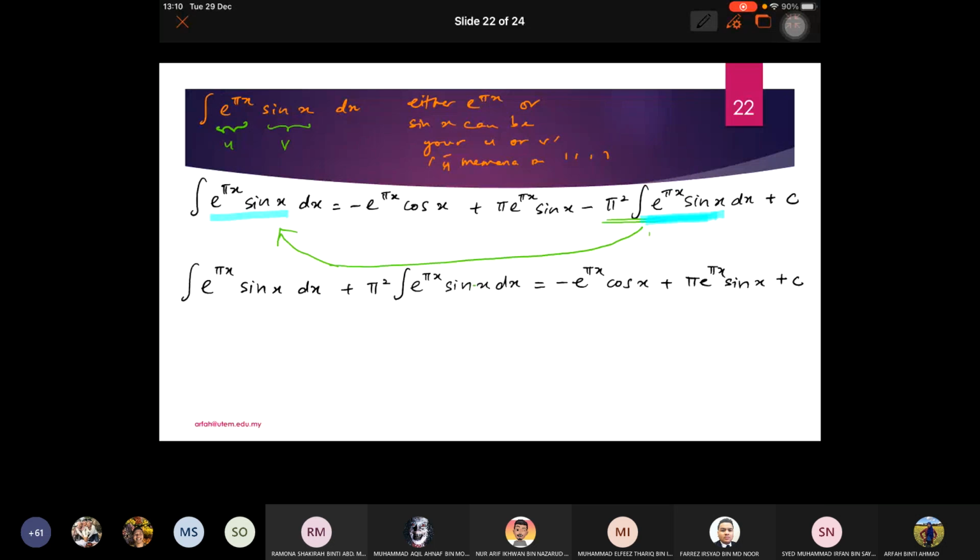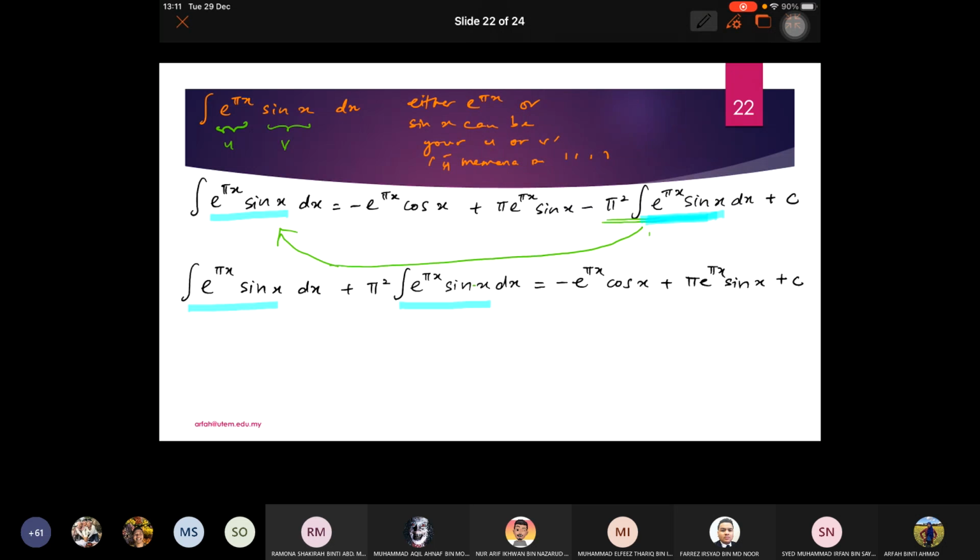Okay. So, ini bentuk dia sama. Apa yang awak boleh buat kalau bentuk sama? Dia punya integration tu sama bentuk dia. What can you do for that one? Any idea? Faktor. Okay. So, betul jawapan tadi.